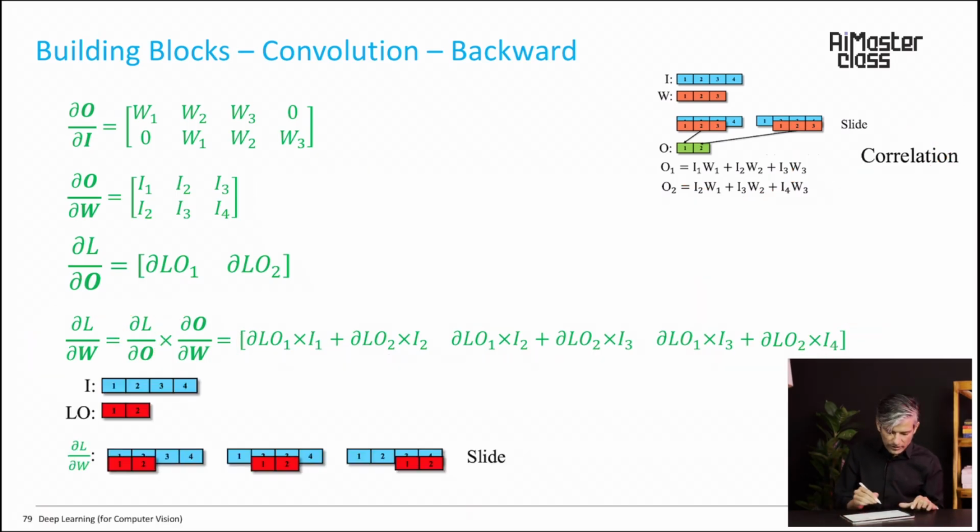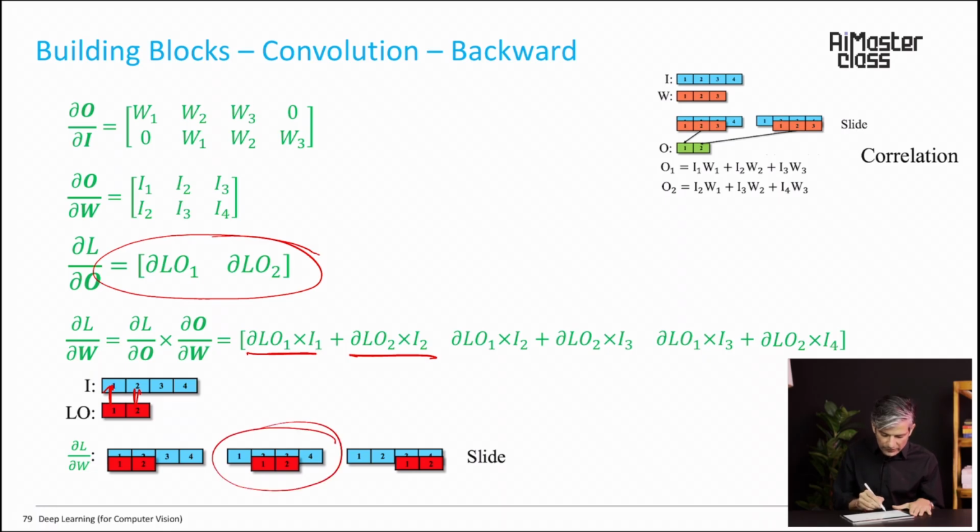You can also think of this as again a correlation operation, or if you want to use the normal lingo, just convolution of the gradient that we got in from the next layer with the input. If we do this convolution and slide it, let's see what happens. We get I1 dou L/dou O1 plus I2 dou L/dou O2.